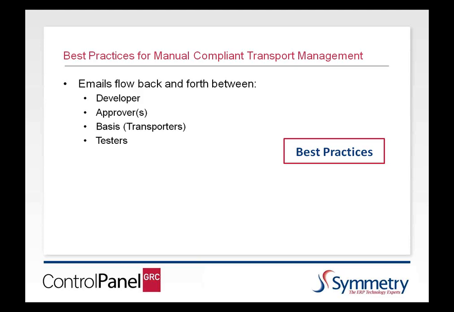It can't be the same as the person that puts in the transport, so you need to have at least 2 people. Best way to do it is to have the developer or requester, someone to approve the transport, and usually a basis to put it in. And then the testers would be someone that knows the business process very well to test if those changes are working.